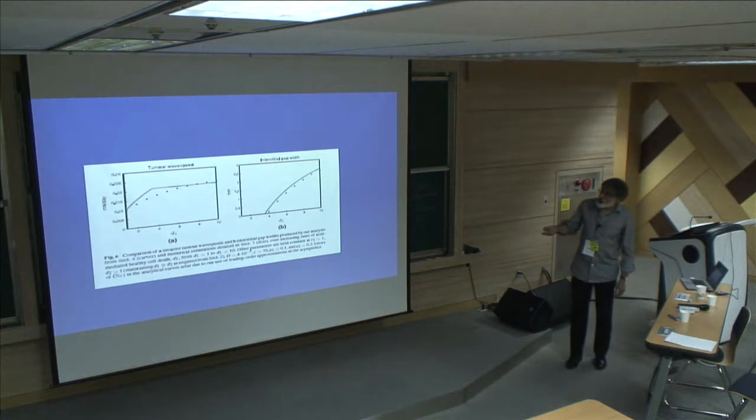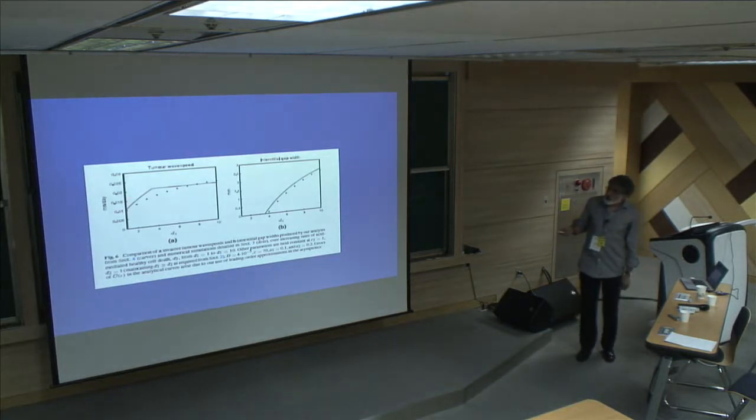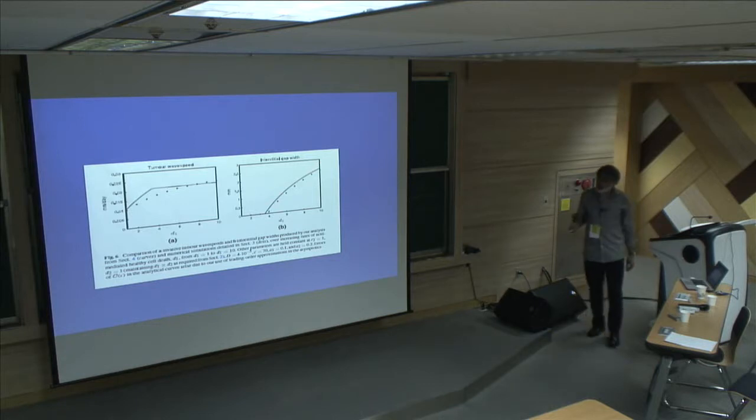This is just to show that we could use the asymptotics to measure tumor wave speed and to measure the gap. Here are numerical simulations, and the solid line is the analytic work.